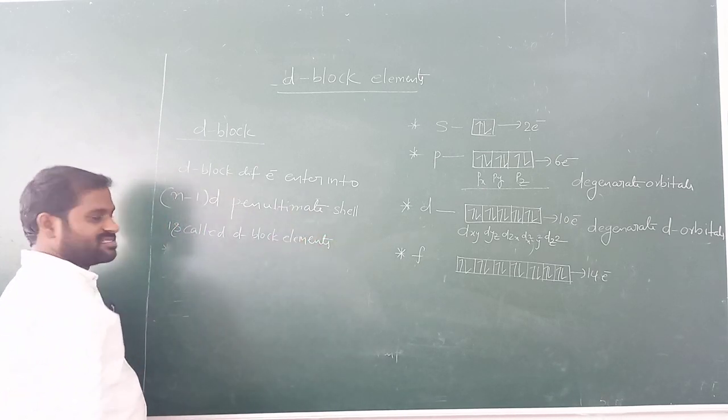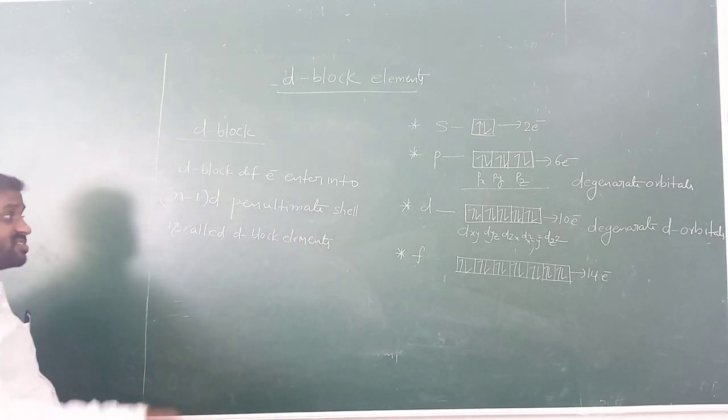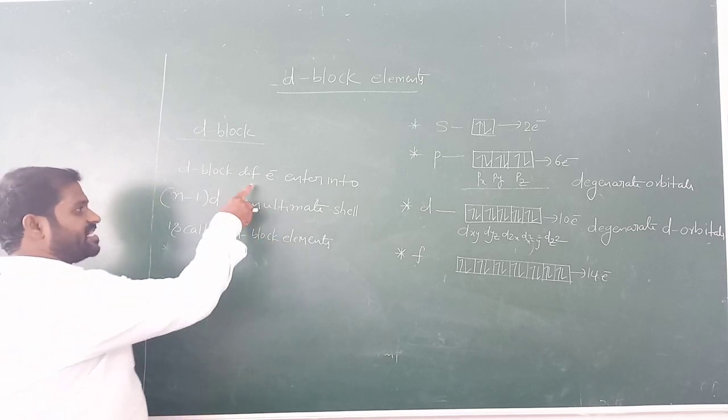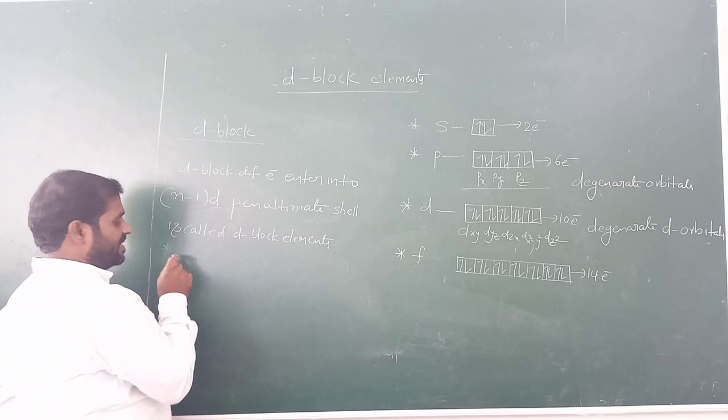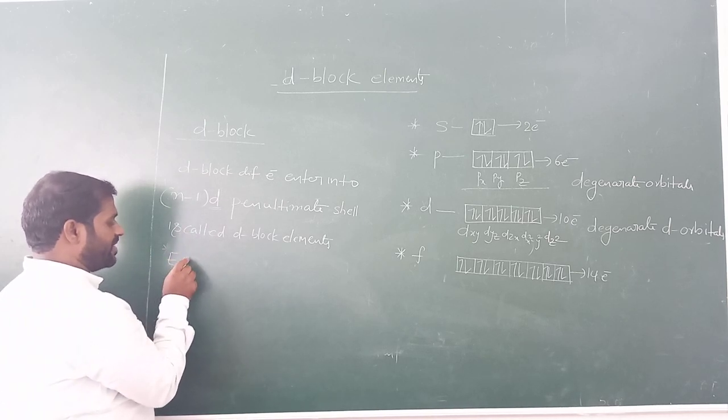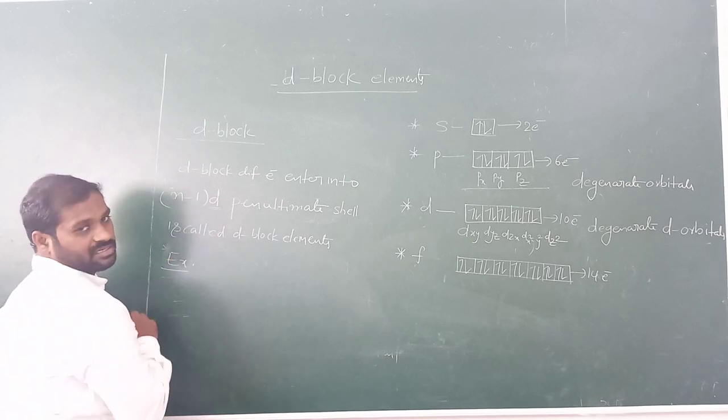D block elements. Let's see what n-1 d is. The differentiating electron enters into the D orbital, so we call them D block elements. Let's take an example. I will explain what the penultimate shell is.